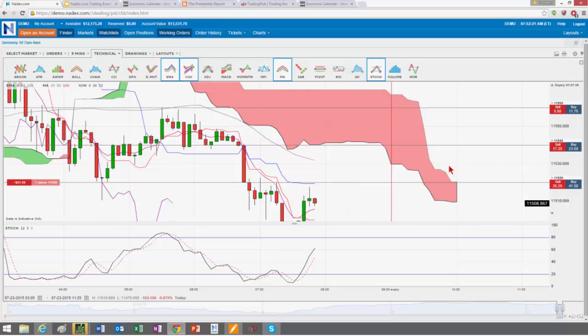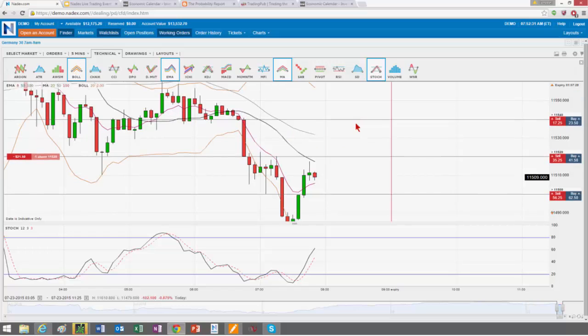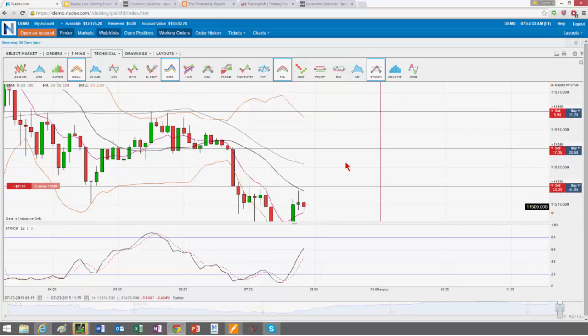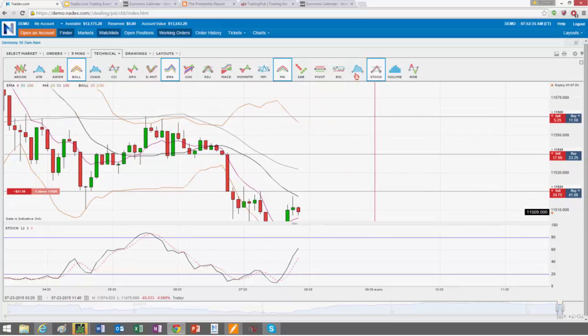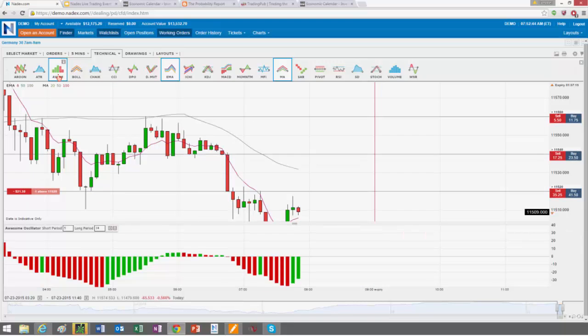That's a nice little bearish indicator. For those that like to use Bollinger Bands, there we go. Close up this RSI, this stochastics too. Williams Awesome Oscillator.